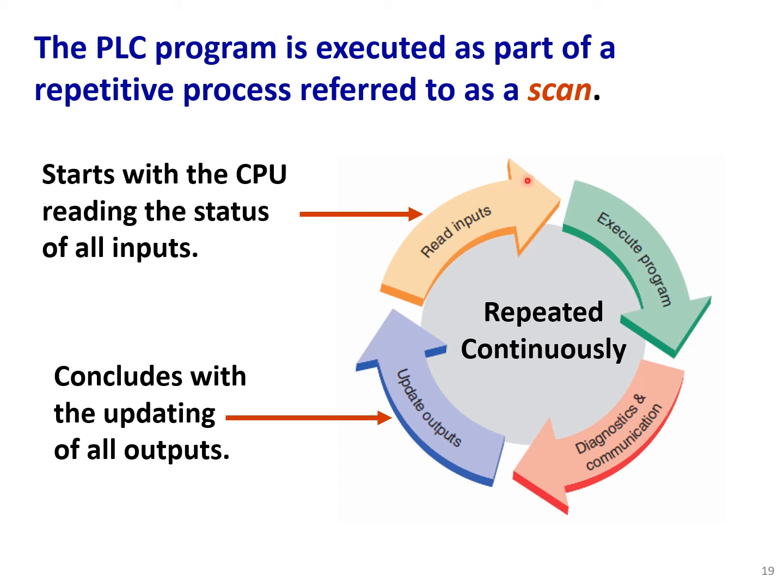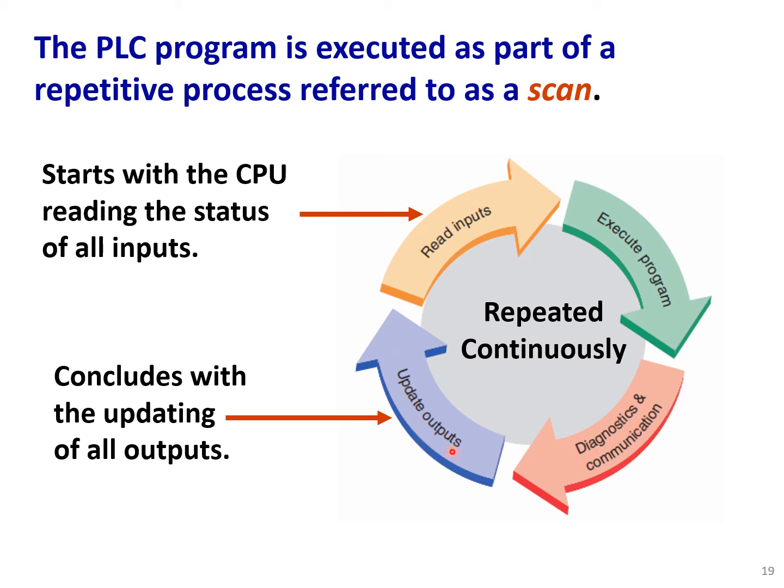Then, based on the input, we'll move on to the program to execute the program. And based on the logic of the program, we will then have updated outputs. But before that, we could have this stage of diagnostics and communication. We might send information to other PLCs.